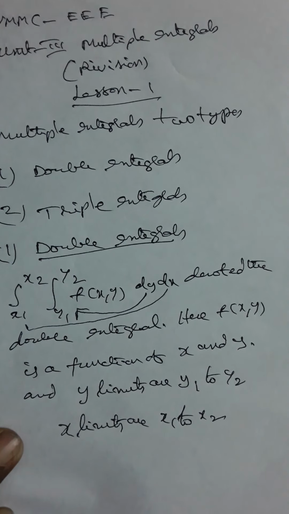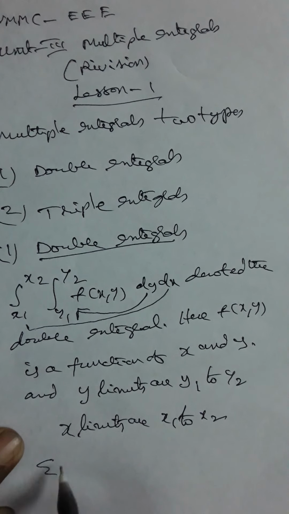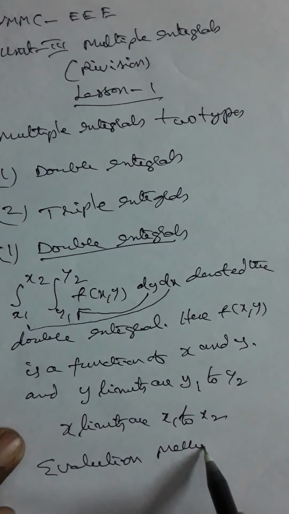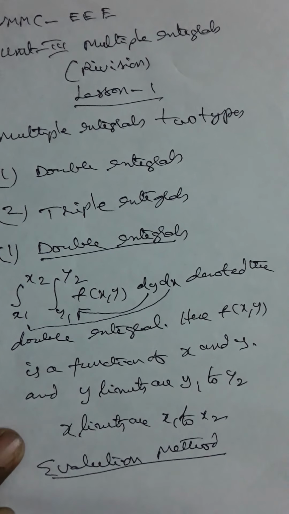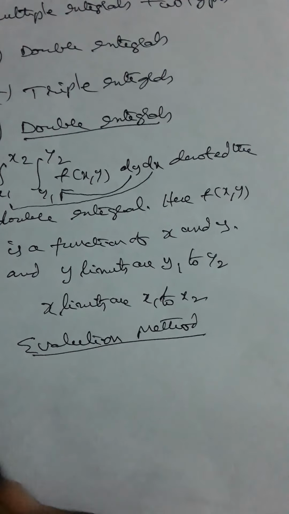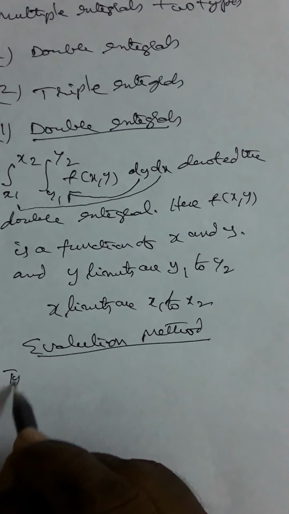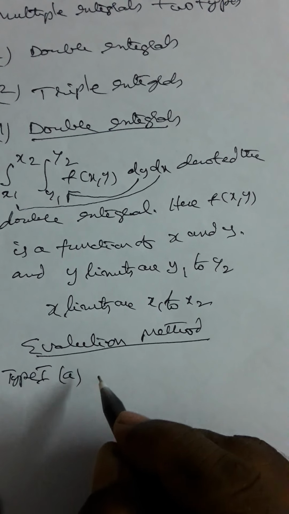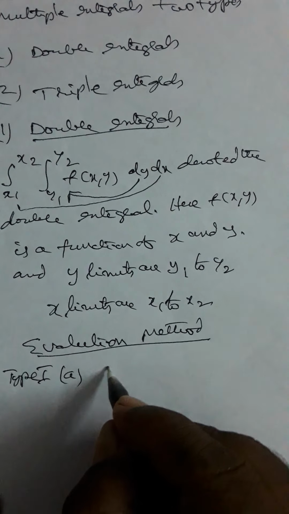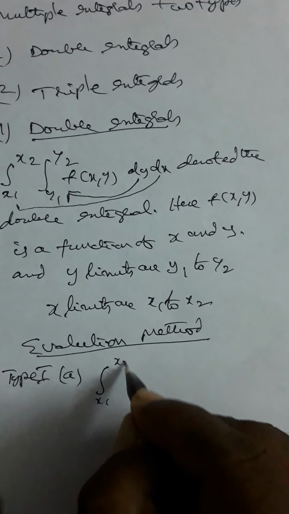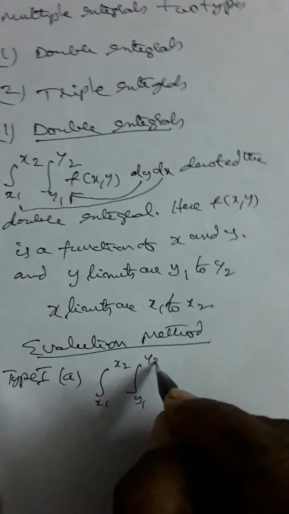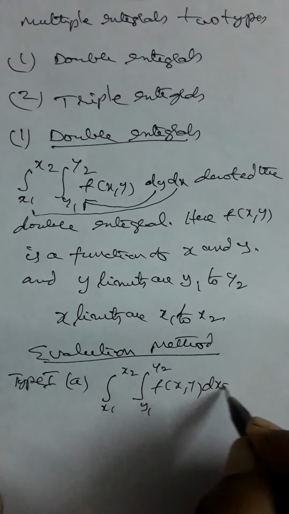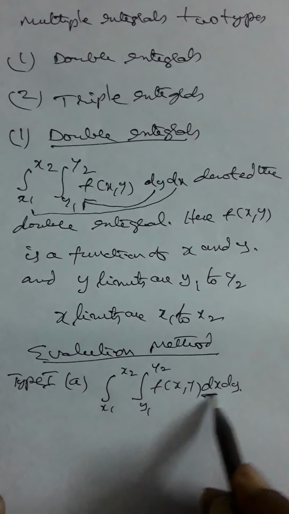Now the evaluation method. Type 1A. Double integral x1 to x2, integral y1 to y2, f of xy dx dy.